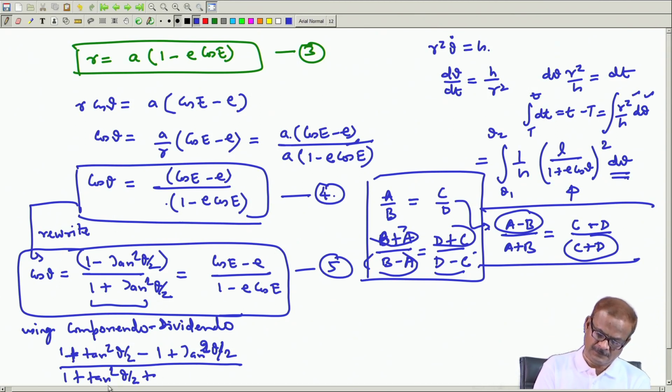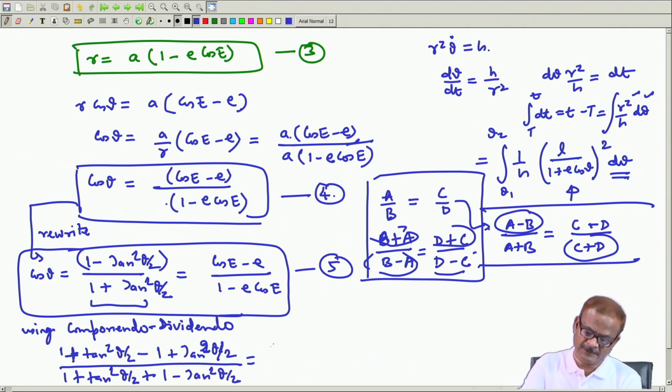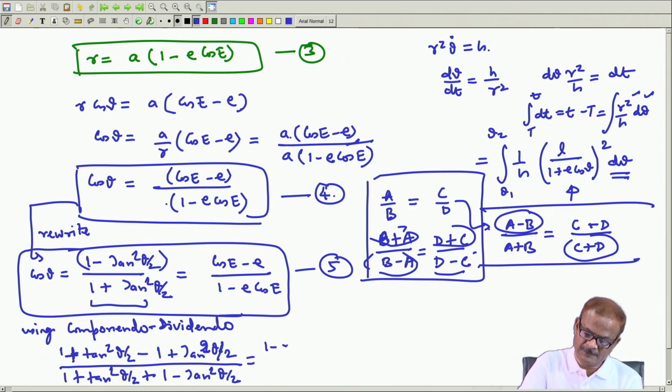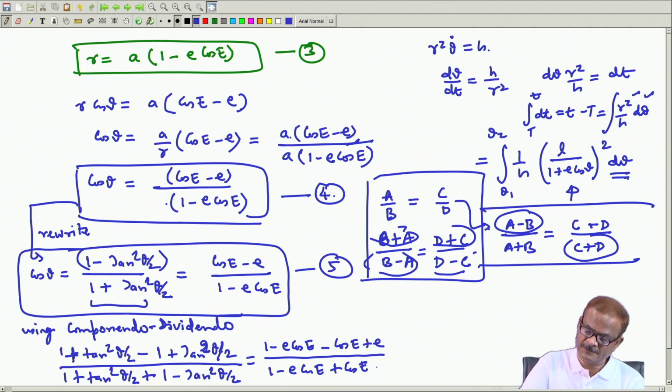So, this becomes 1 minus tan square theta by 2, and similarly on the right hand side, (1 minus E cos E minus cos E plus E) divided by (1 minus E cos E plus cos E minus E).